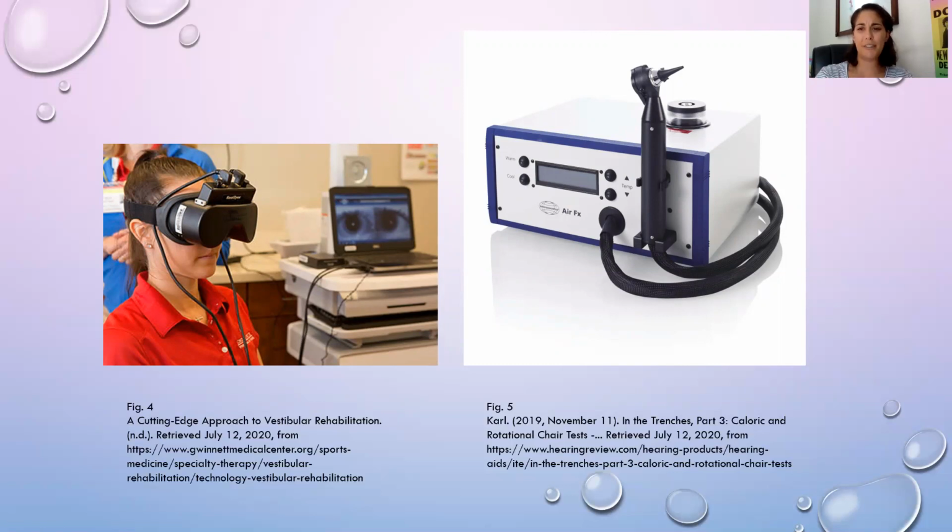And the machine to your right is the machine they use to insert the pressure into your canal. They can shoot air, and I think it can also shoot water, which is really interesting. They use different temperatures to test for different things. So really cool, but those are the two things that are used in unison, and that's one of the tests you could do.